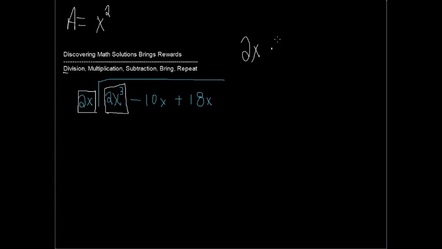So, we're going to multiply this times this, okay, x squared, which, if you would bring the 2 over, so you've got 2 already, 2x, and you've got x to the 1 times x squared.